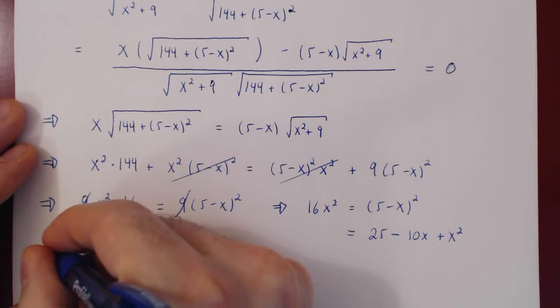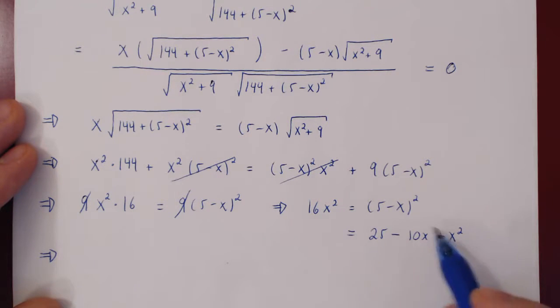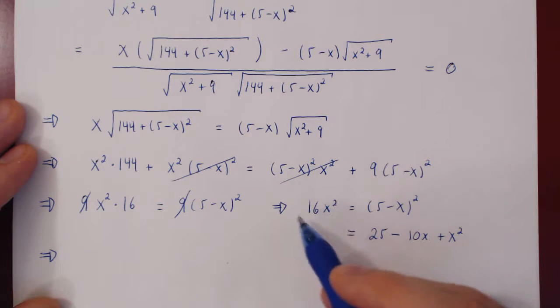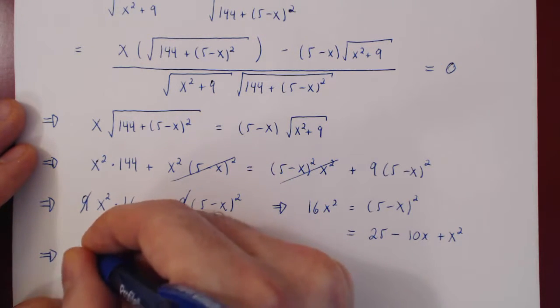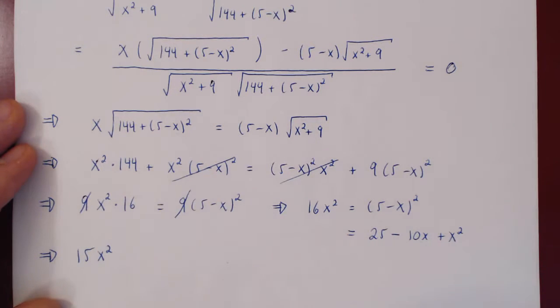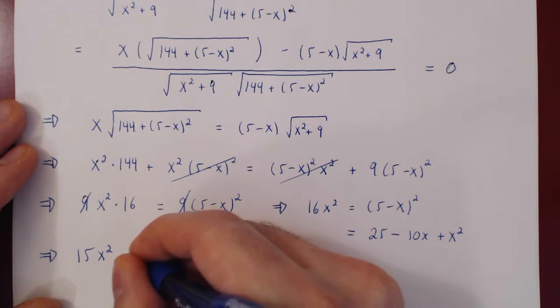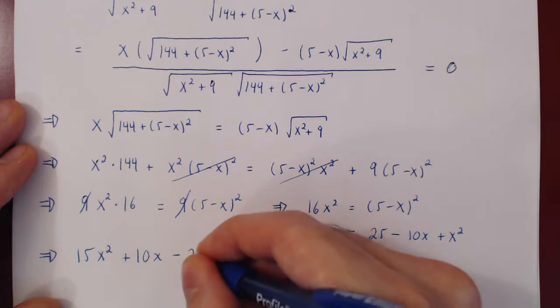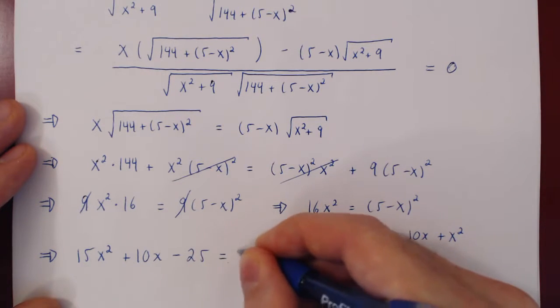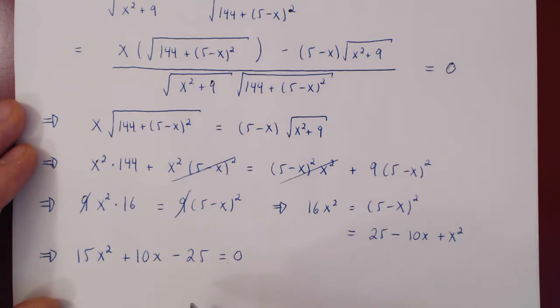And so now, sending this to the other side, you'll have 16x squared minus x squared, which is 15x squared. Negative 10x will become positive 10x, positive 25 will become negative 25, and this is equal to 0. And so we have reduced finding our critical points to solving this quadratic equation.